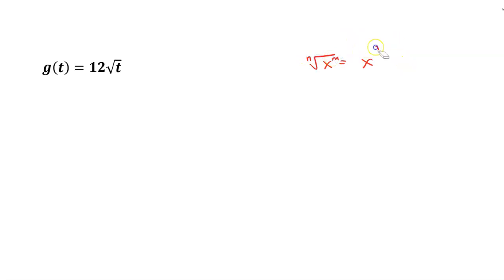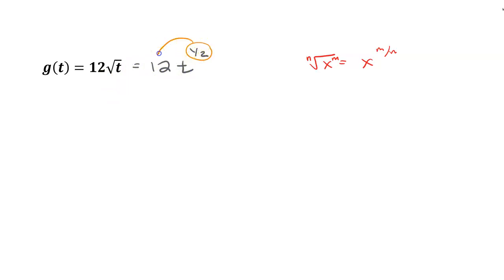So if you have any radical with the index and the exponent, becomes a fraction exponent. So the square root of t becomes 12t to the 1/2 power.